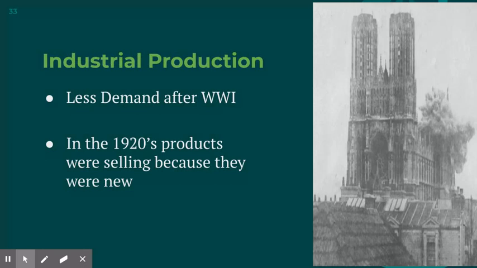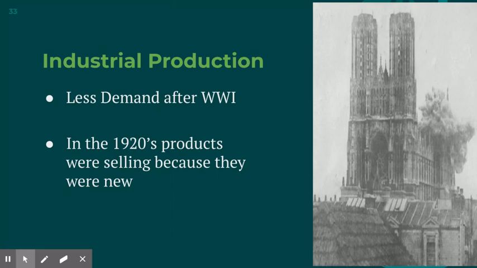Second major reason for the stock market crash of 1929 was that industrial production, as we saw when we played the simulation the other day, was really high during the war. We were selling goods, industrial goods, all over to people in our nation and to people in Europe whose productions had gone down because they were fighting a war.